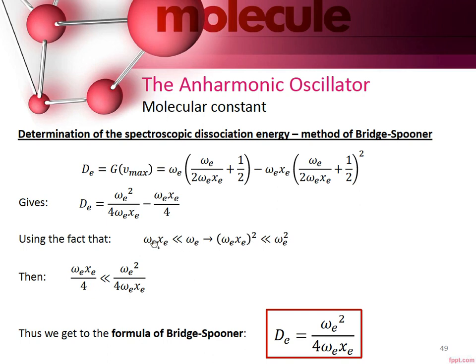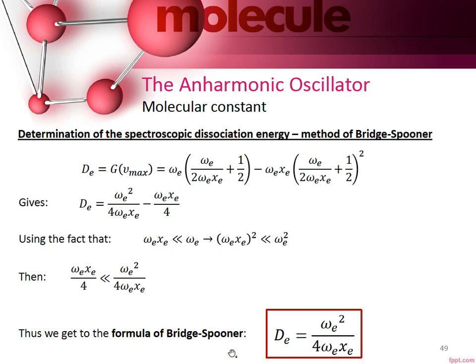It's just to say that omega E xe is much smaller than omega E, so this term here can be neglected compared to omega E squared over omega E xe.